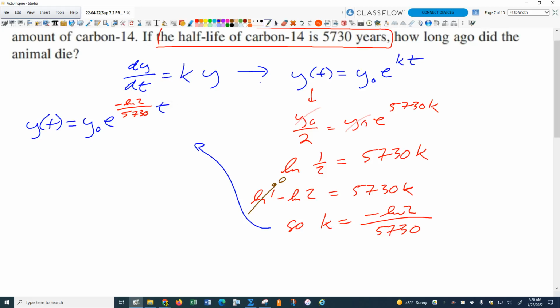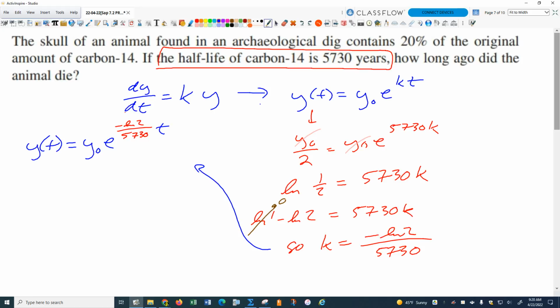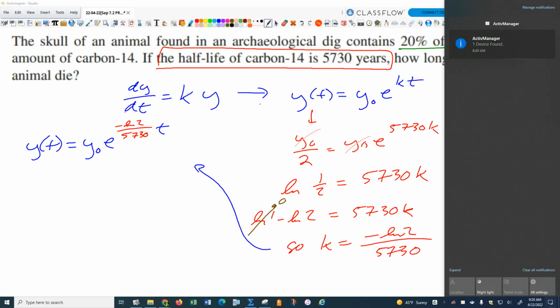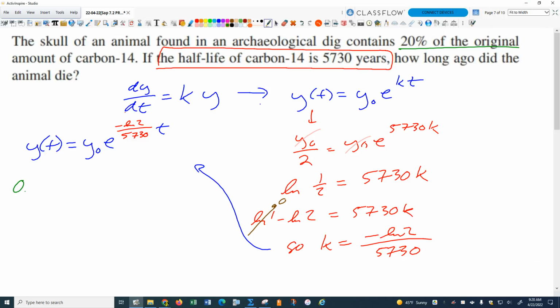And now we'll use this other piece of information: 20% of the original amount remains when we analyze the sample. So here's where we would do 0.2 y naught equals y naught e to the negative log 2 over 5730 t. Cancel the y naughts.